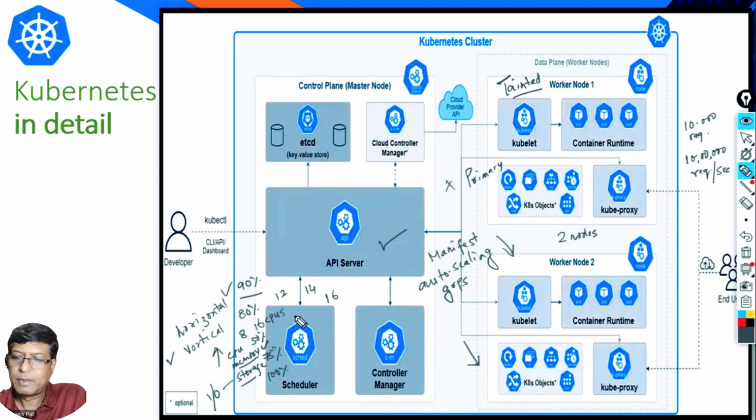Did I answer your question? But this distribution of the workload is entirely on the control plane. This control plane will decide, with the heart and the brain coming together to take a decision.